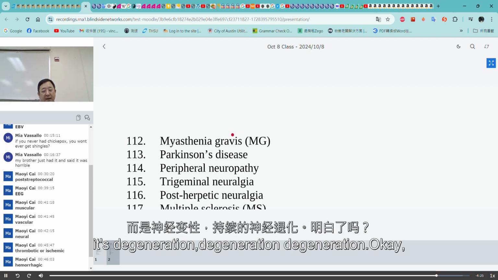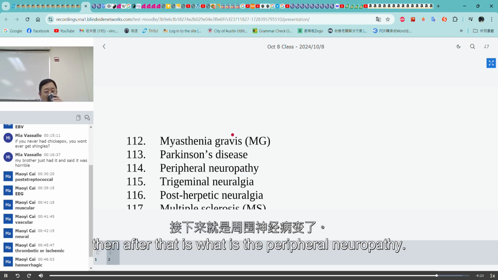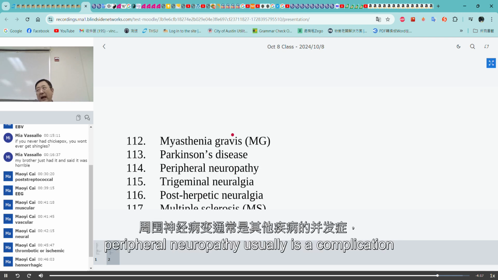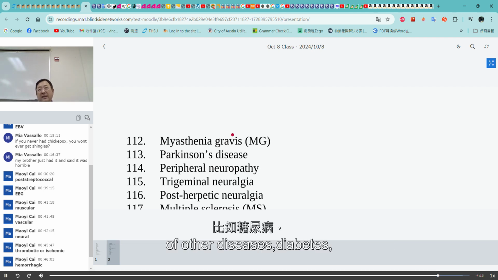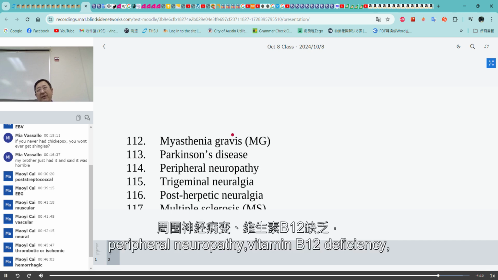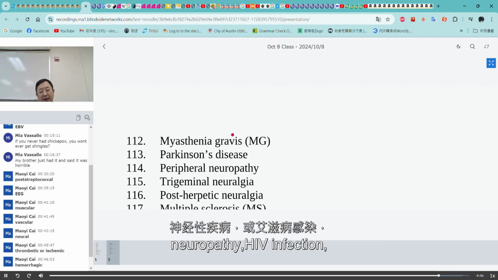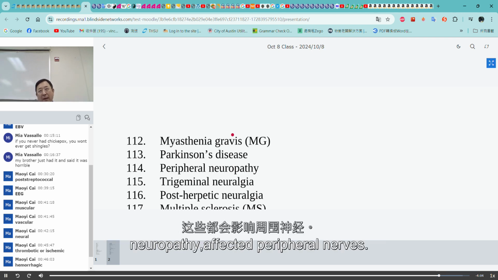Okay. Then after that is peripheral neuropathy. Peripheral neuropathy usually is a complication of other diseases: diabetes, vitamin B12 deficiency, HIV infection. So it affects peripheral nerves.